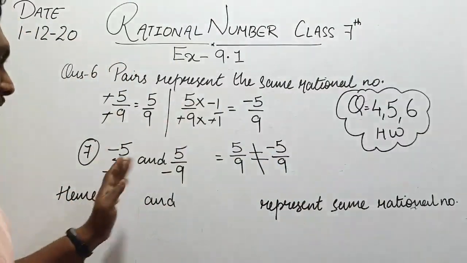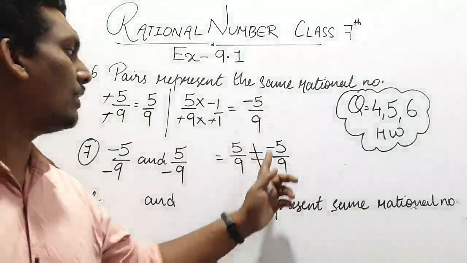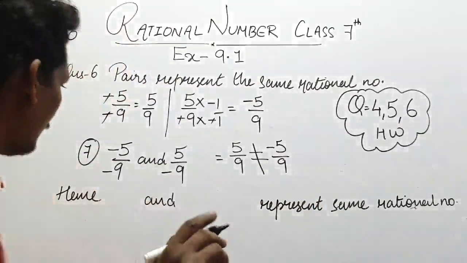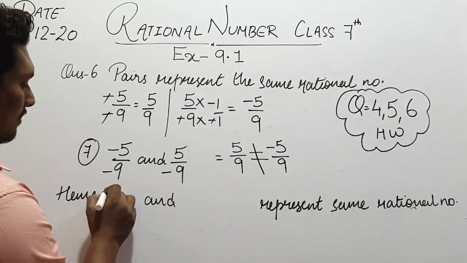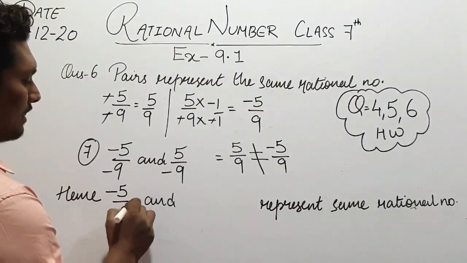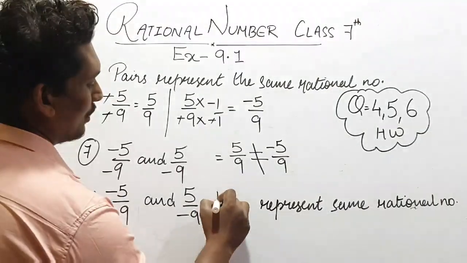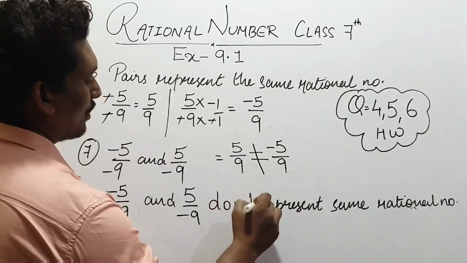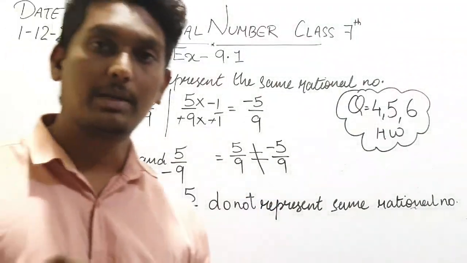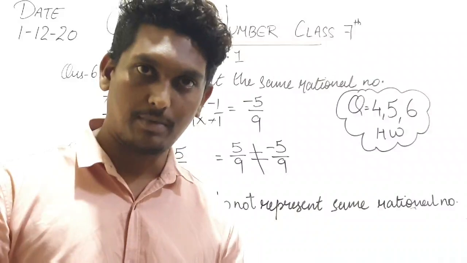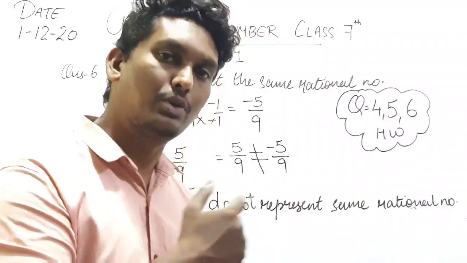So in this question 5 by 9 is not equal to minus 5 by 9. So minus 5 by minus 9 and 5 by minus 9 do not represent the same rational number. Okay, so just go through it.